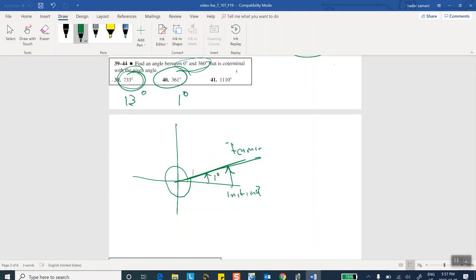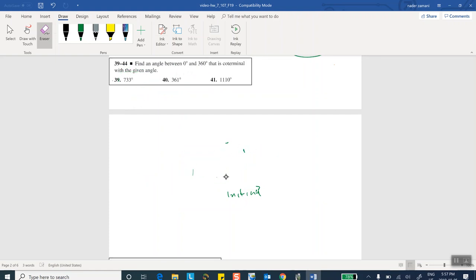Okay, let's do number 41. Why don't we extract as many 360s as we can in 1110? Let me divide this by 360 and see what I get.